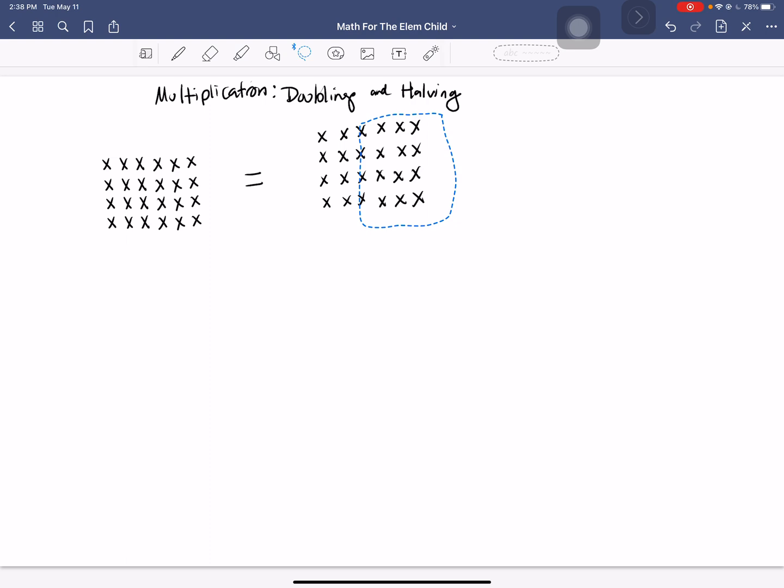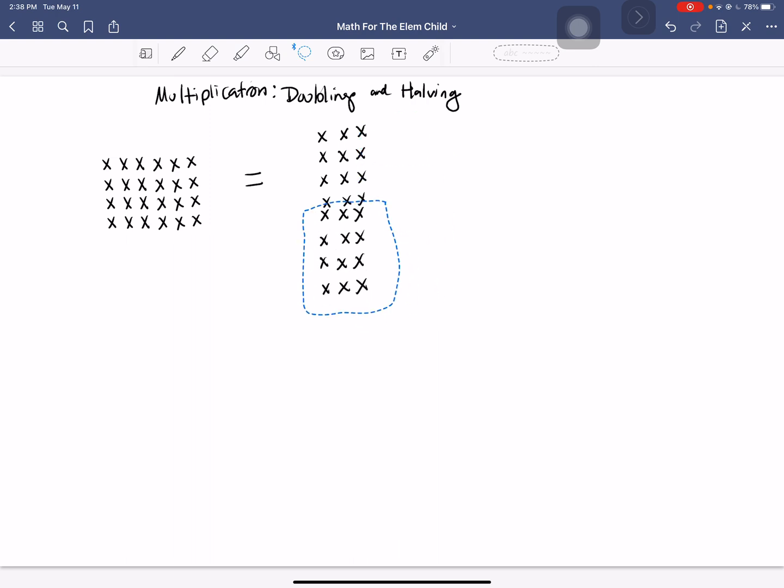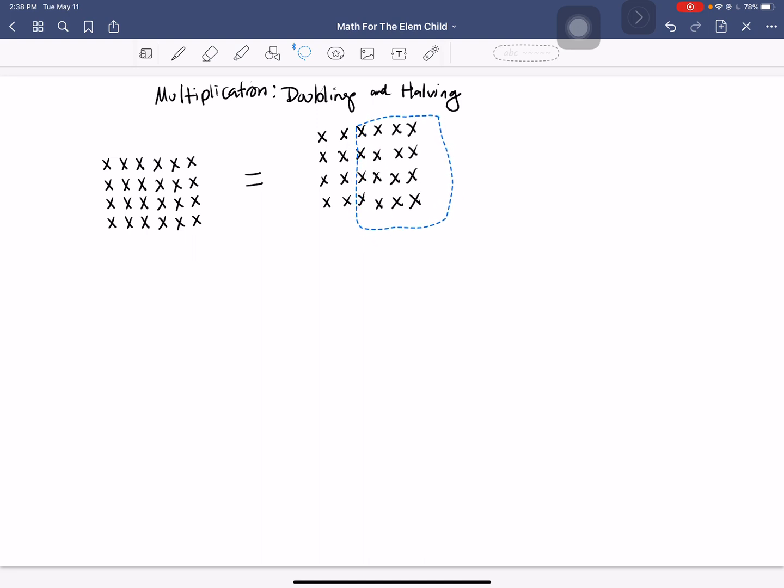And now we have a 4 by 6 array as well, after looking at it and moving it from an 8 by 3 array. So they have the same value no matter what.